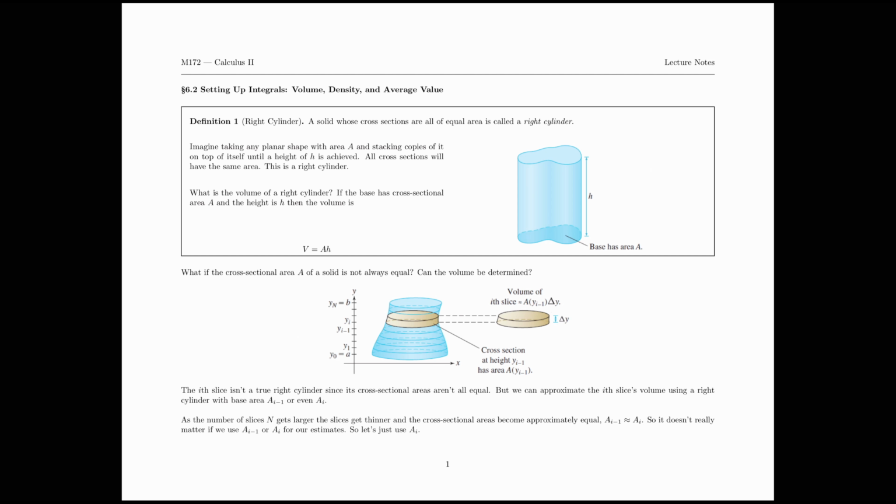In general, that distance is b minus a over n. So as n gets really big, so let's say goes to infinity, then this distance here gets really, really small. And that's exactly what they're calling delta y here.